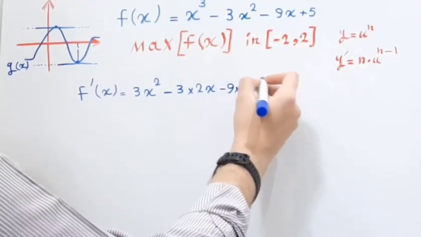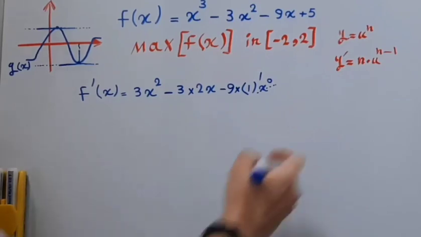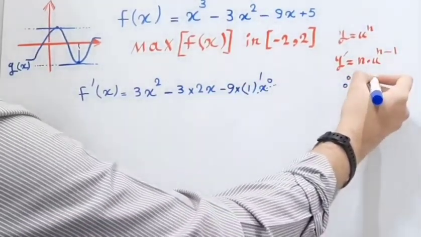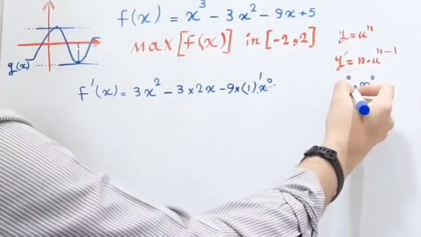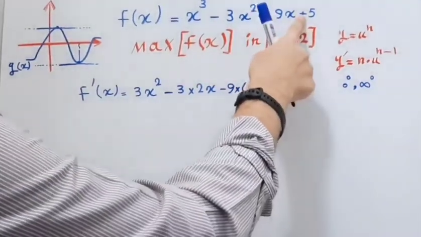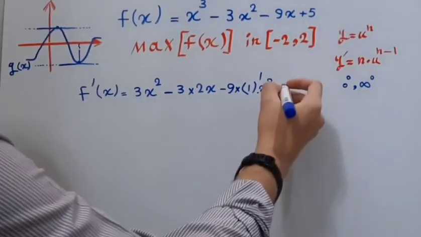X to the power 0 is 1 if x doesn't equal 0 or infinity, because these two are undefined. And the derivative of a constant number is 0, plus 0.